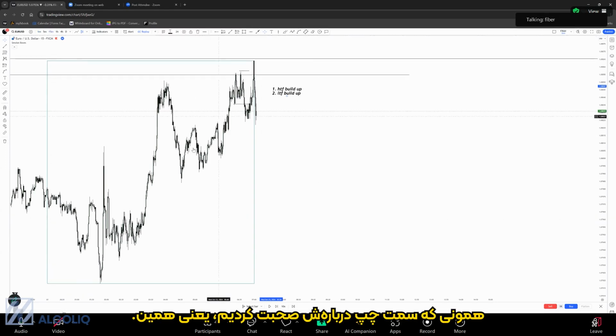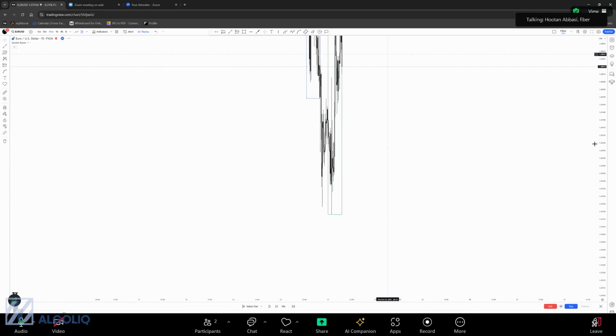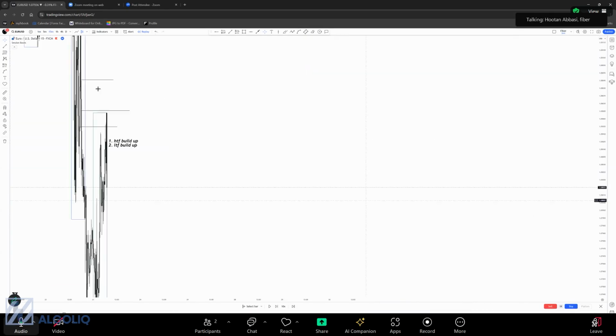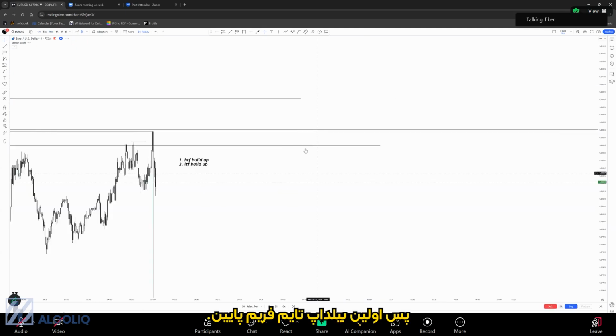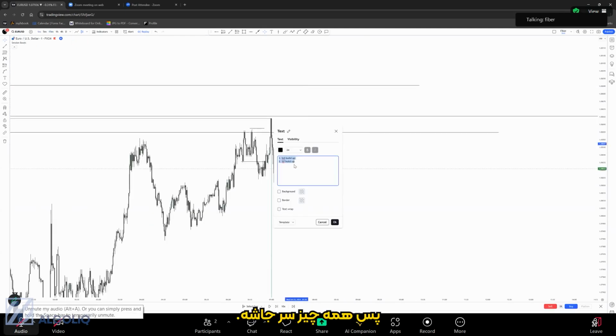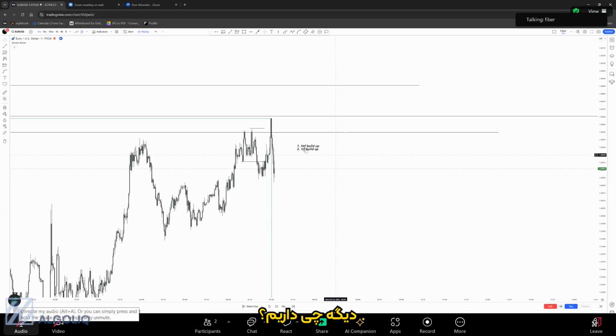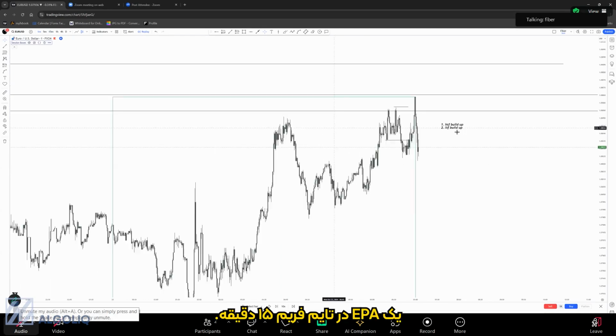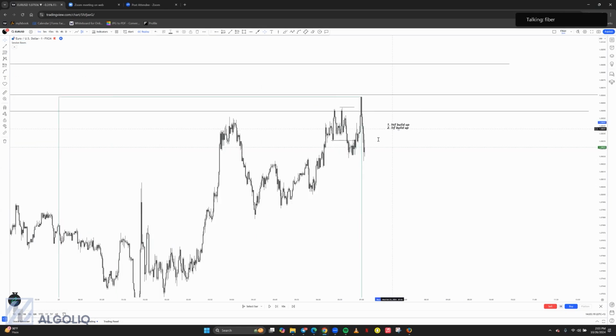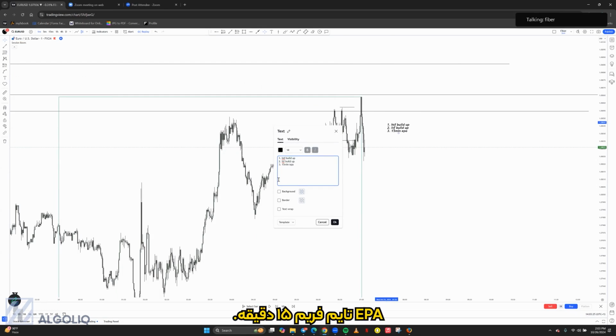That is the one we talked about on the left, which is this. So the first LTF build up. So we have everything in place already. What else do we have? A 15 minutes EPA, right?